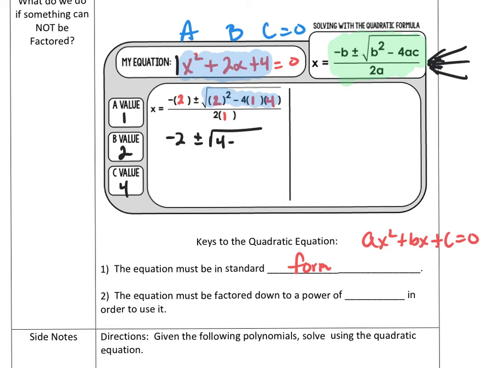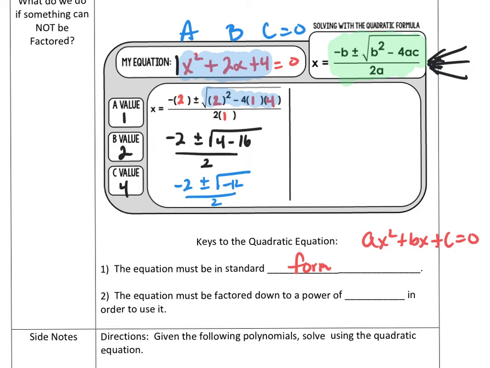So that would be negative 16 all over 2 times 1, which is 2. Okay, let's simplify what is underneath my radical first. So this is negative 2 plus or minus, and that's going to be negative 12 all over 2.